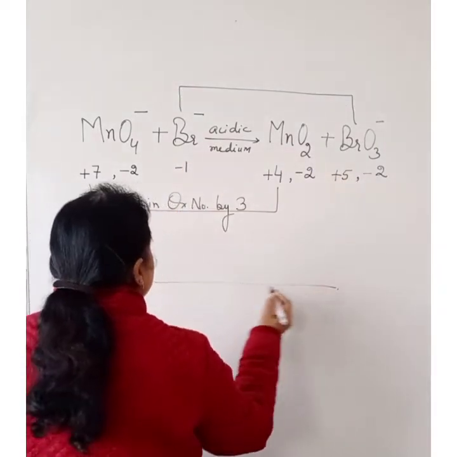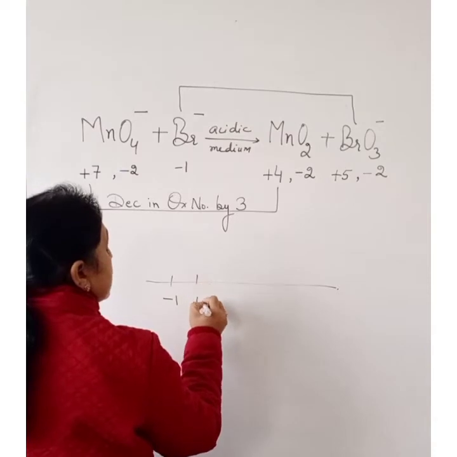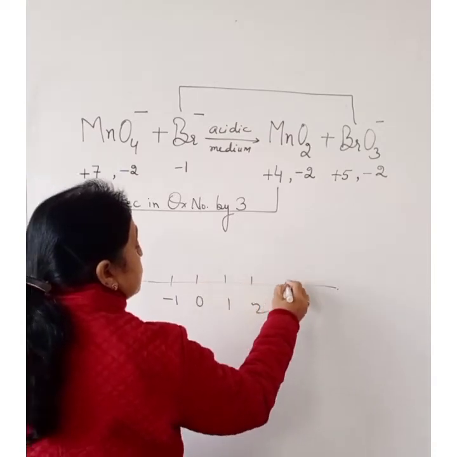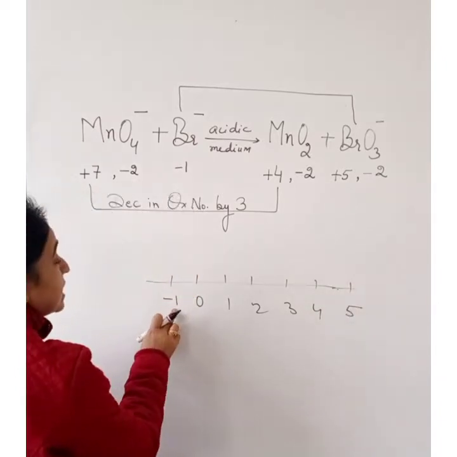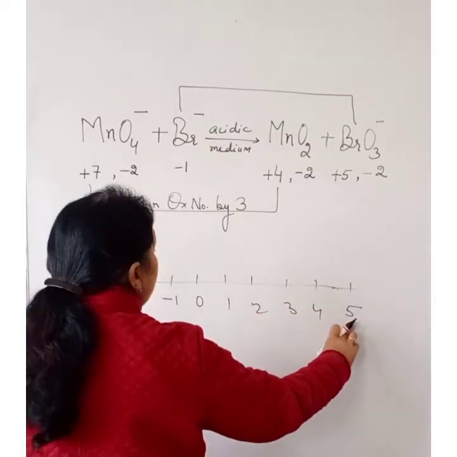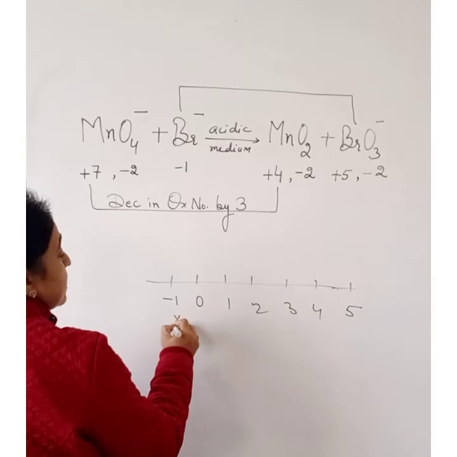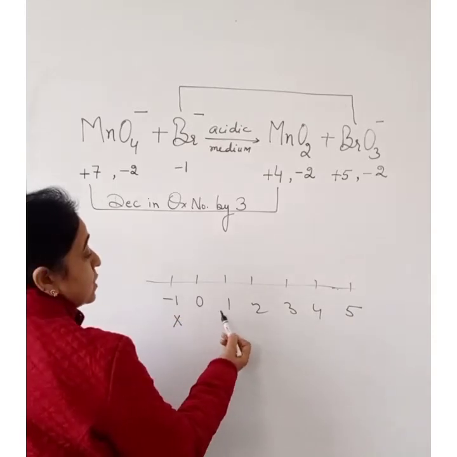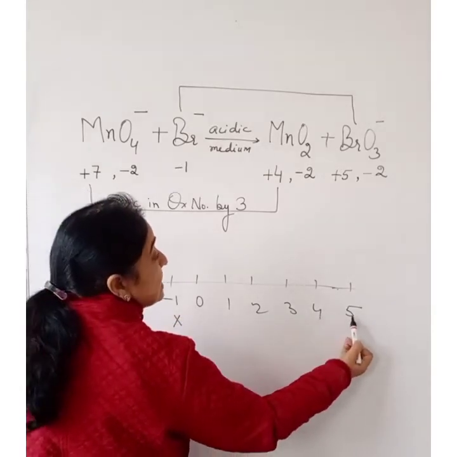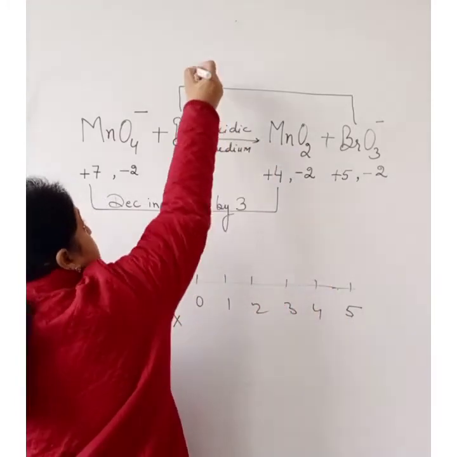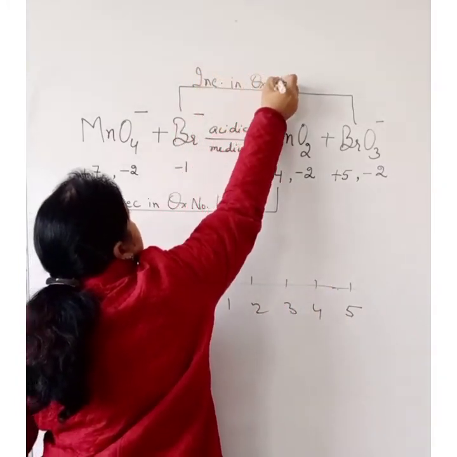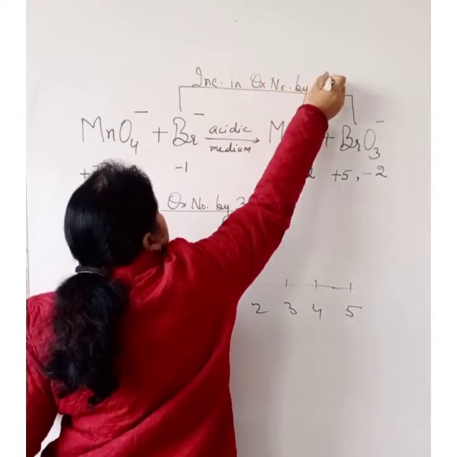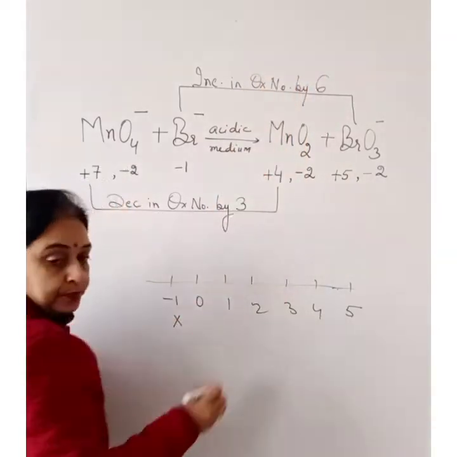You can see the scale: minus 1, 0, 1, 2, 3, 4 and 5. Minus 1 is changing into 5. So if you are ignoring one side, 1, 2, 3, 4, 5 and 6. That means there is increase in oxidation number by 6.